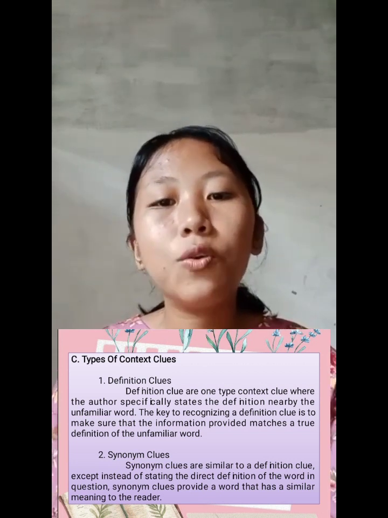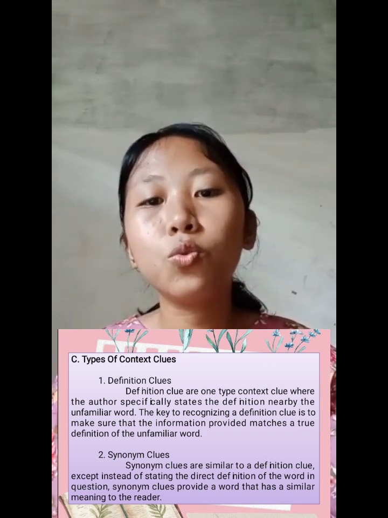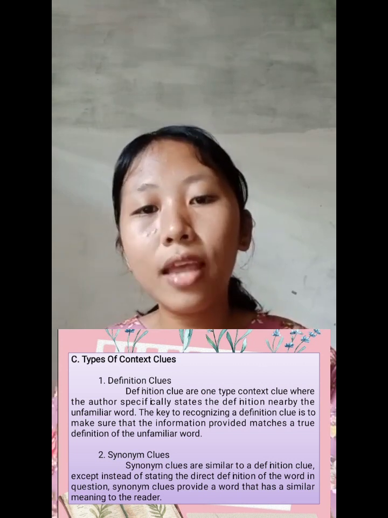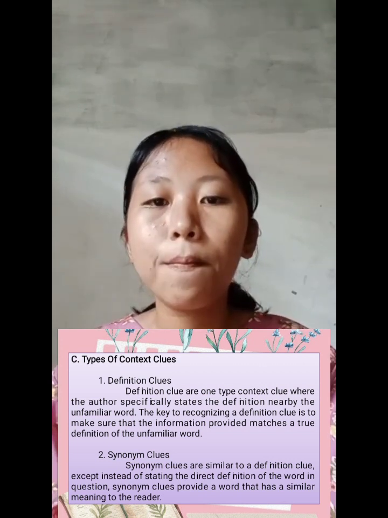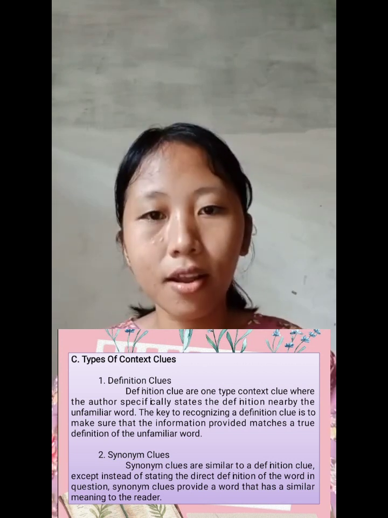The second is synonym clues. Synonym clues are similar to definition clues, but the difference is that synonym clues provide a word that has a similar meaning to the reader. That's all that I can explain, and it will be continued by the next speaker.